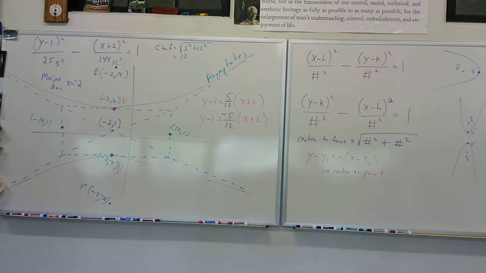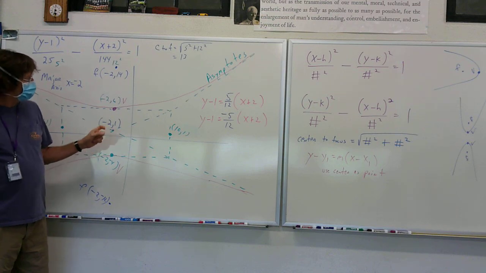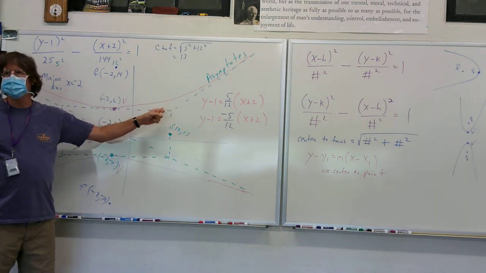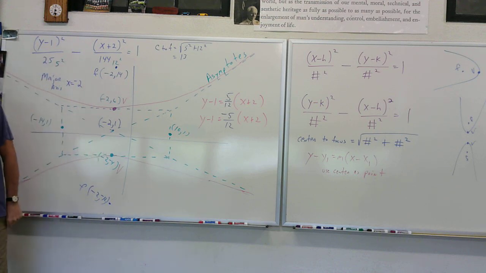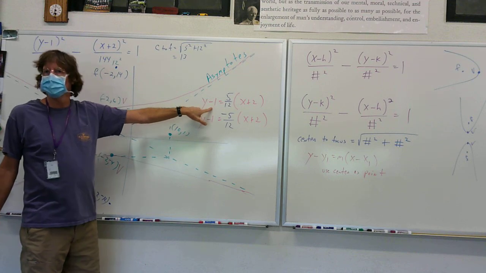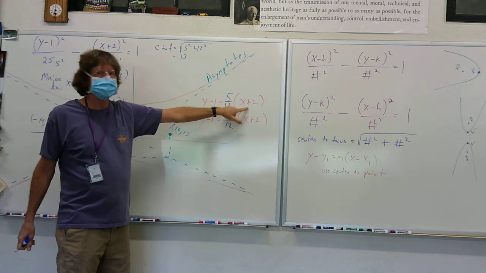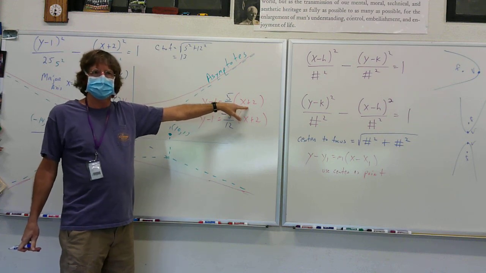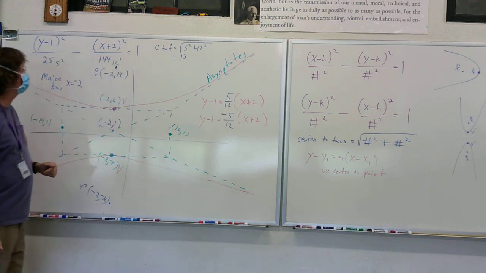We're going to use the center and count to the right and then up and down. Now, something you might notice. If you use the center, you will notice a lot of things happen. Look right here. Use the center and those work out. And then look at your 5 and your 12.